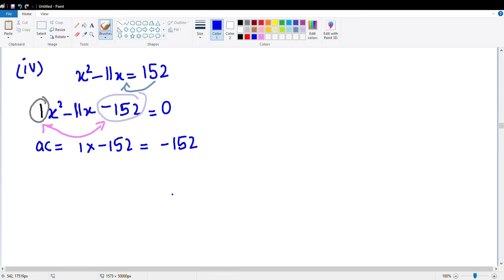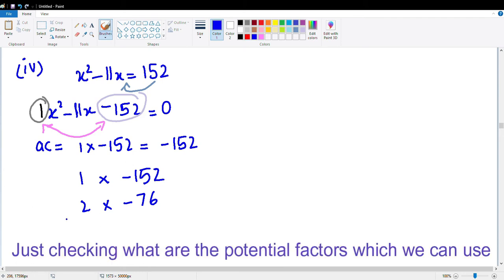And factorizing it, we can get 1 and minus 152. I think the bigger factor should be negative, because we're supposed to get minus 11, but let's see. We have 2 and minus 76, and let's see, 4.